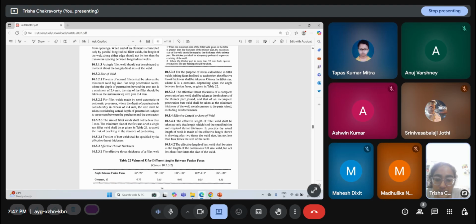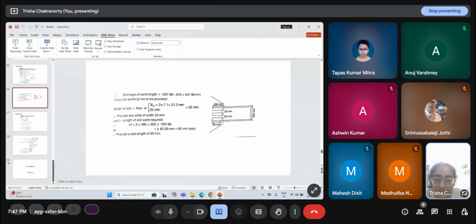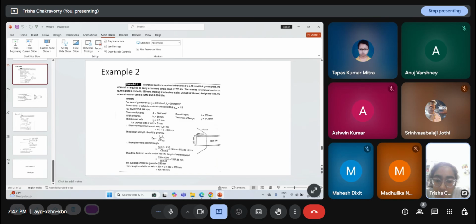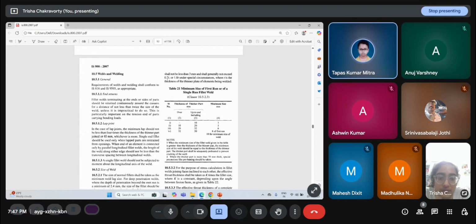The effective throat thickness. Okay, let's look at the example. The effective throat thickness of weld is 0.7 into the size, right?